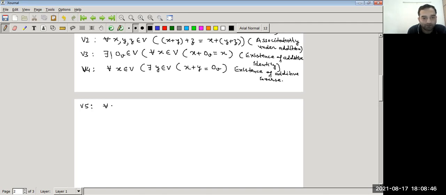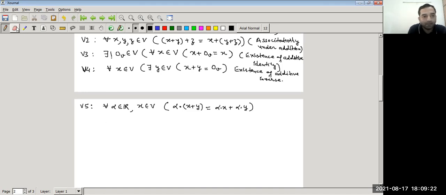So for all alpha belongs to R and for all x, y belongs to V, alpha dot (x plus y), where the dot represents the scalar multiplication, is equal to alpha dot x plus alpha dot y. So this is the fifth.